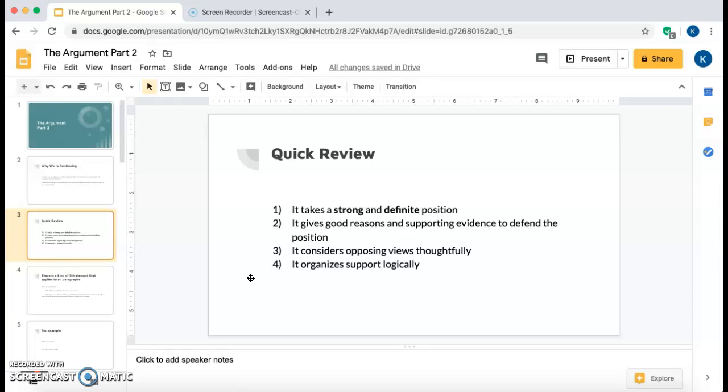Some people say that you need to start with your weakest argument first and then build up to your stronger arguments and end on your strongest note, leave that lasting impression with your reader. Here's the deal. Both are fine.